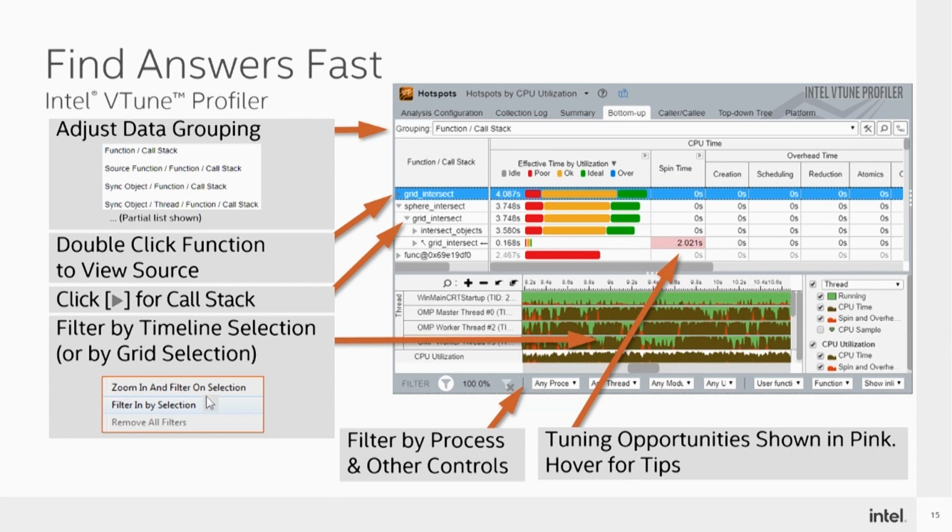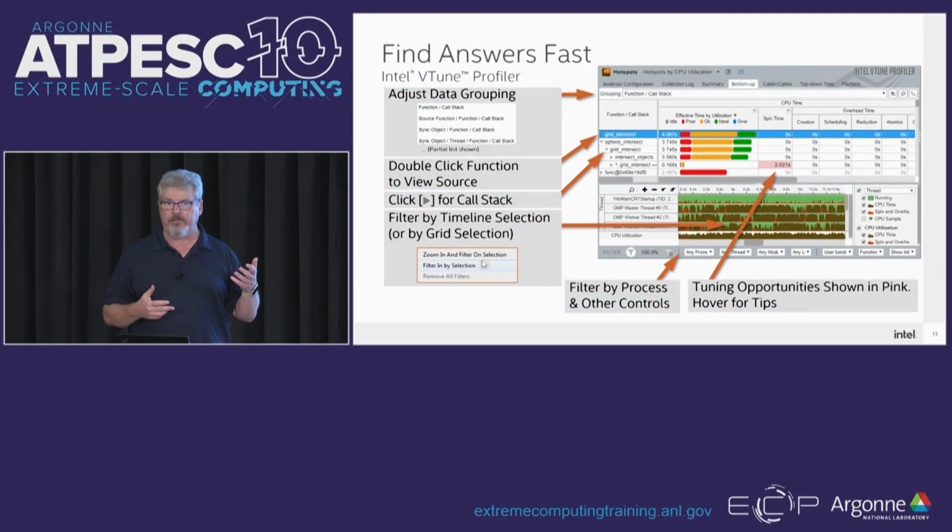But with grouping, I did want to mention there are a lot of other groupings that we could potentially do. So if we wanted to see, do my threads have any affinity for a particular core? You could see what threads are running on each core. Or you could see which threads are running on a particular socket.